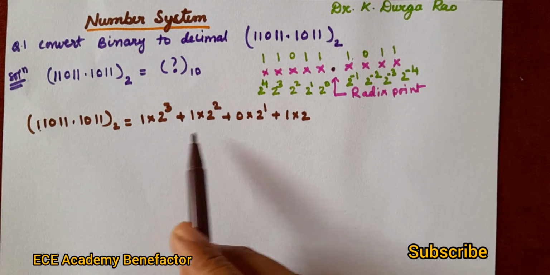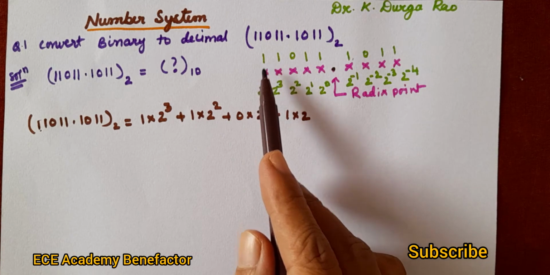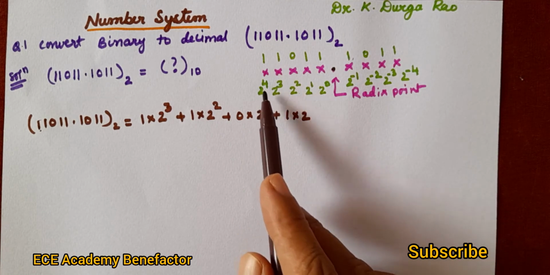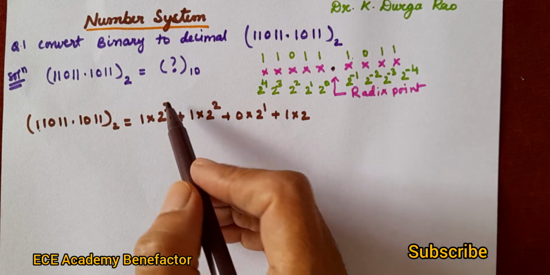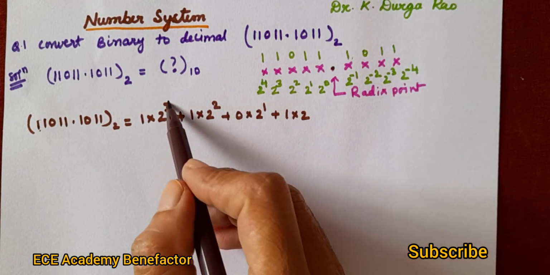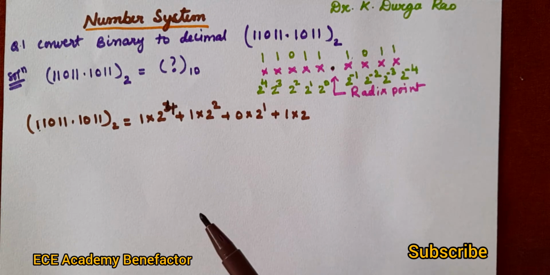The first bit is 1. 1 is multiplied by 2 to the power of 4.